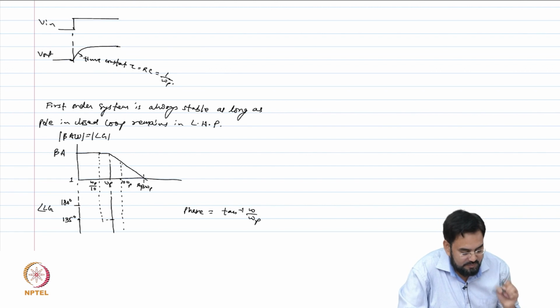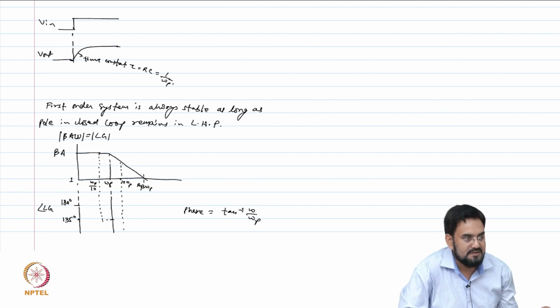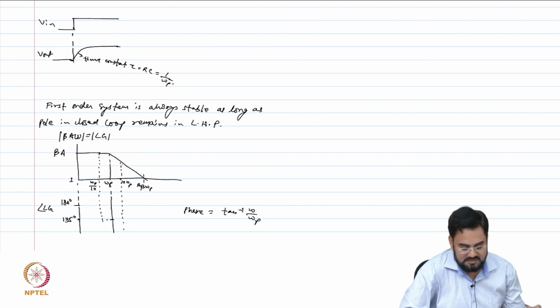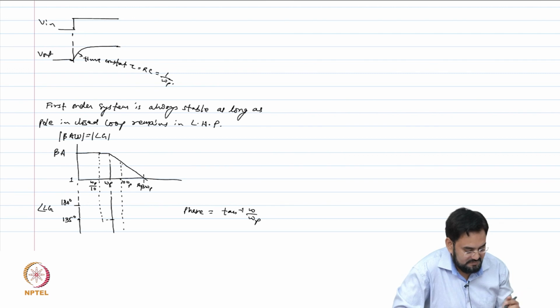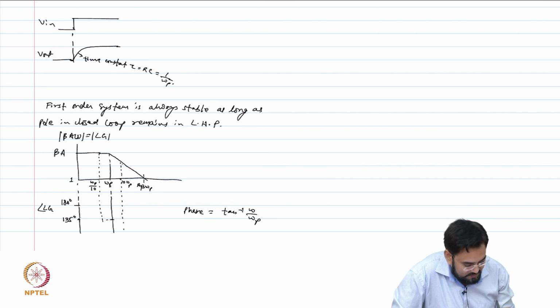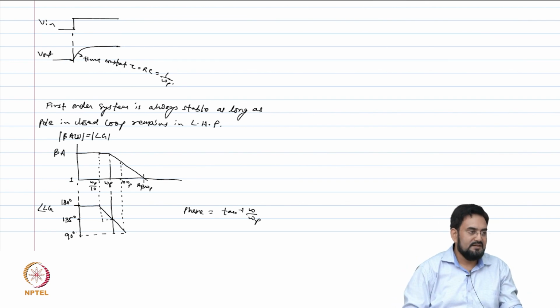This is the point where your phase will start dropping, tan inverse 0.1. Before that it will be roughly 0. And you say that this is 90 degree.